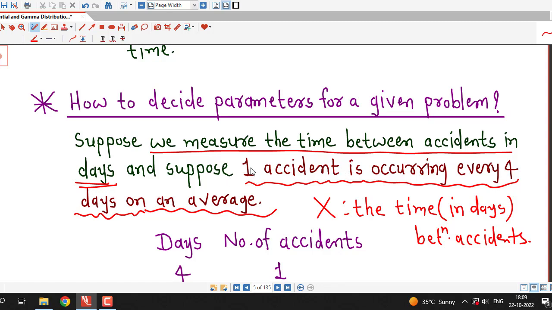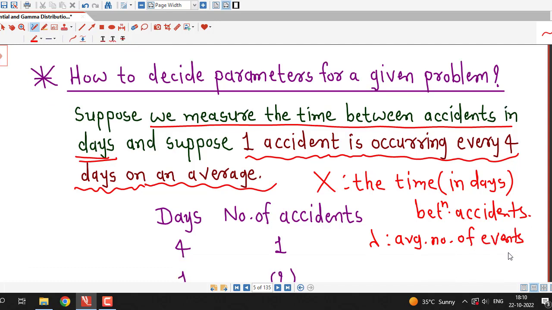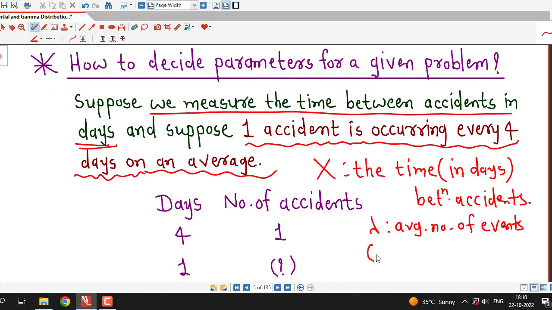So it is given that one accident is occurring every 4 days on an average, and lambda, if we are using this shape and rate form, will be equal to the average number of events. Here events are accidents, so we are interested in the average number of accidents per unit of time.